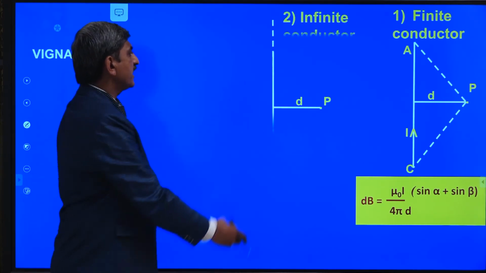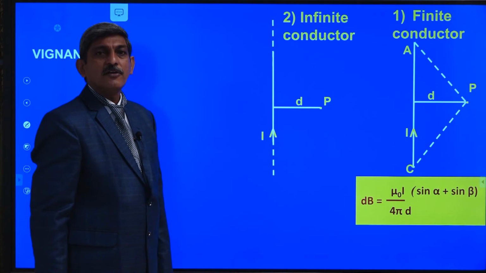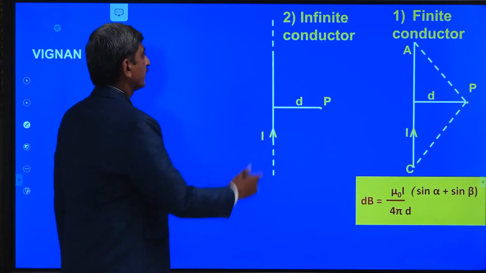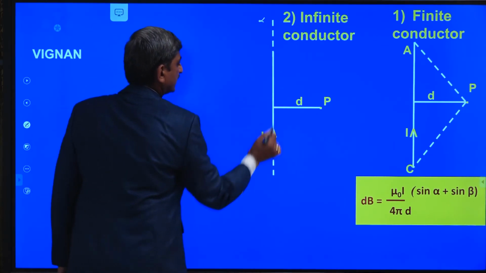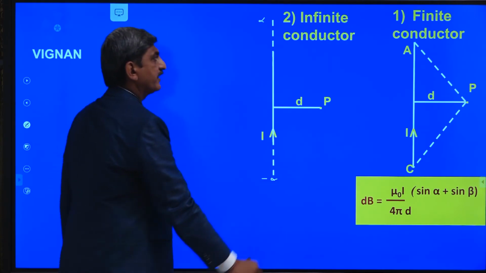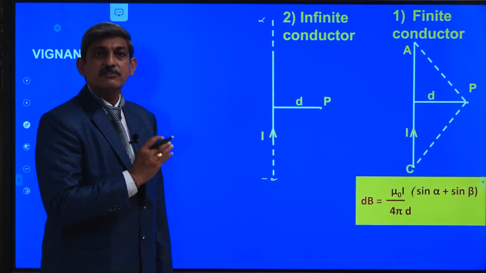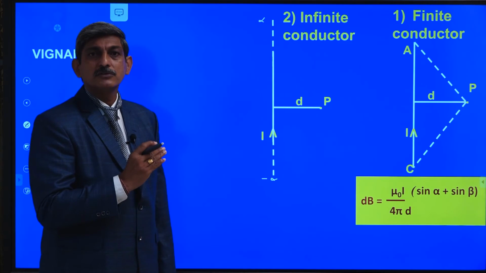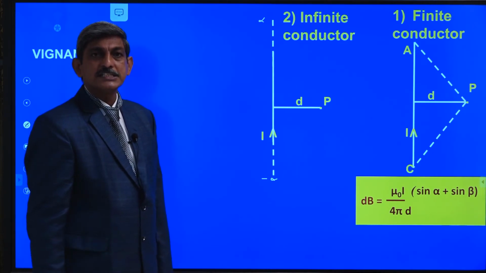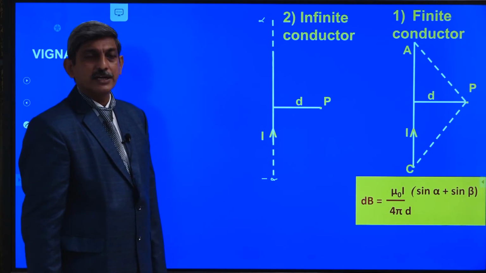Suppose this is the case where the wire has infinite length, so this is up to infinity, this is up to minus infinity. For this infinite wire, what equation do we have to consider for the calculation of the magnetic induction?